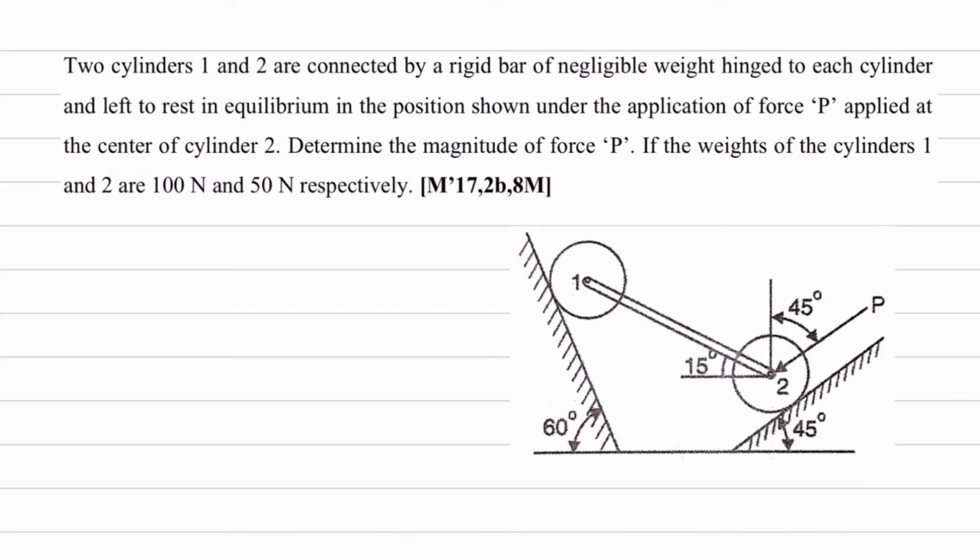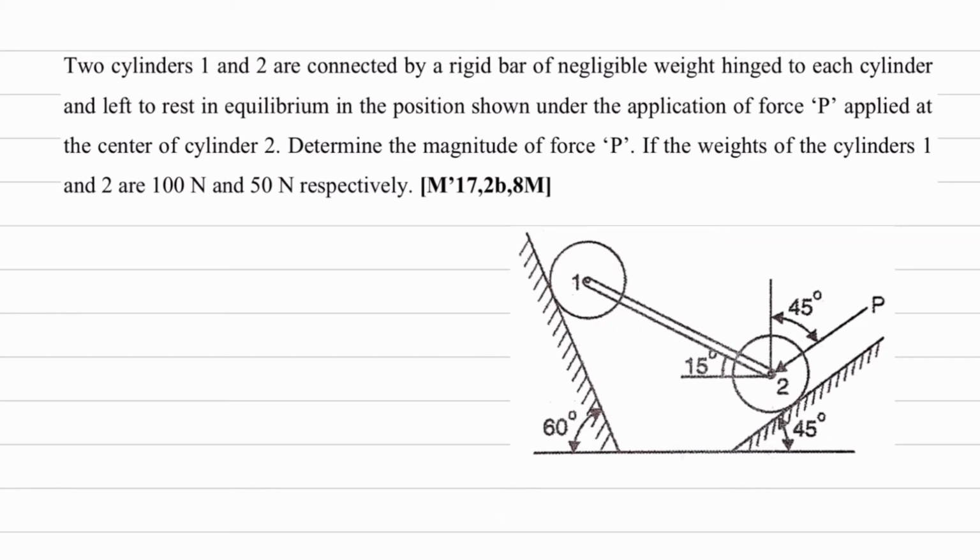Now when this force P is applied, this complete setup is in equilibrium. Determine the magnitude of force P if weights of cylinder 1 and 2 are 100 Newton and 50 Newton respectively. So weight of cylinder 1 is 100 Newton, and weight of cylinder 2 is 50 Newton.